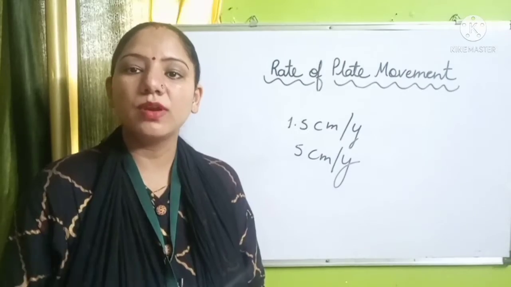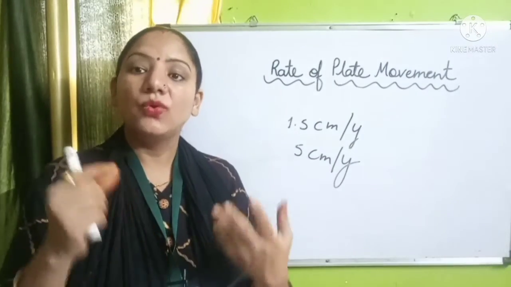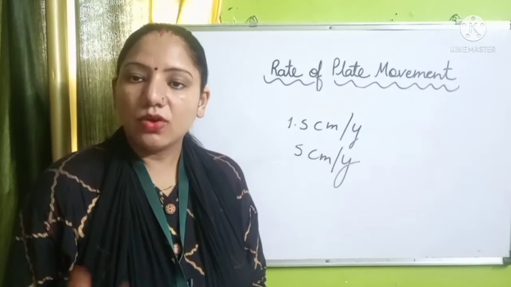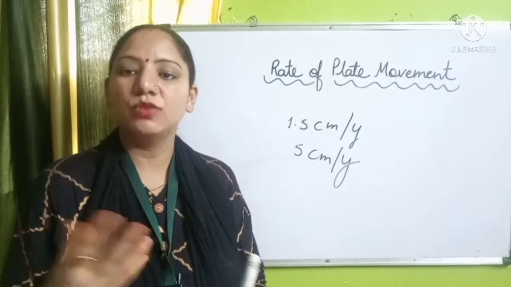Now let's see more about the rate of plate movement through some pictures, where we will see the magnetic field of the Earth and how it is responsible for the rate of plate movement.